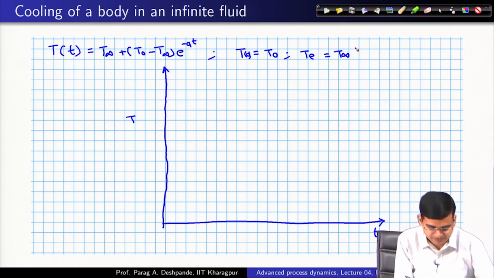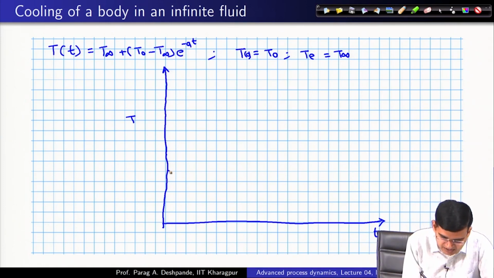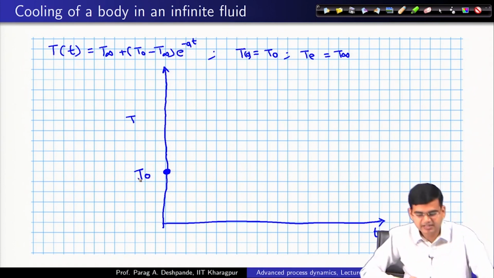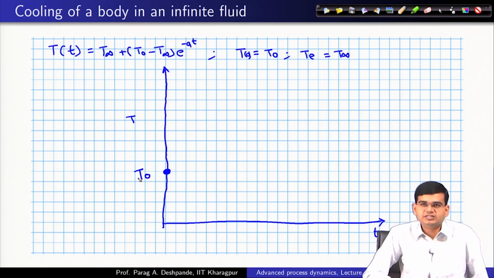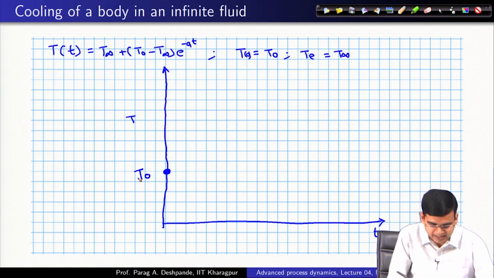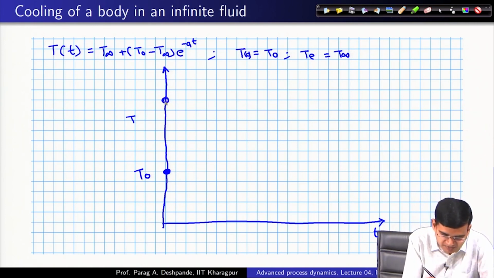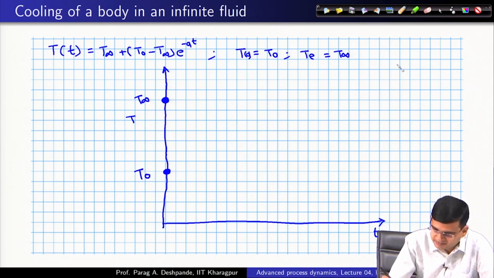Okay. So, this is the initial condition of the system, and finally, the system has to reach the temperature T infinity, assuming T infinity to be greater than T 0.